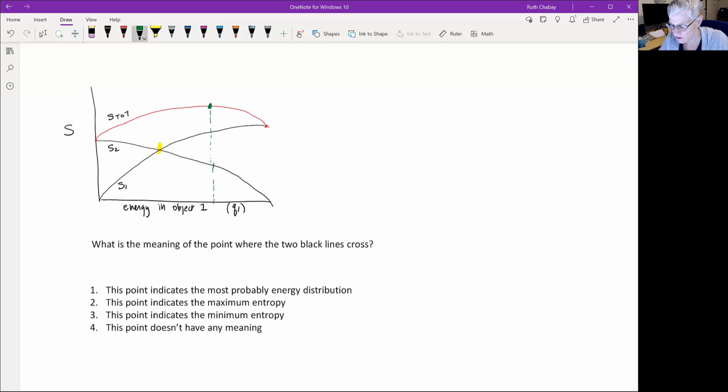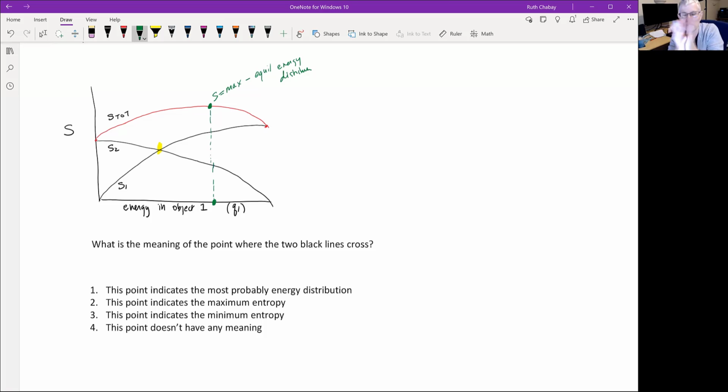The energy corresponding to when entropy is a maximum is the equilibrium energy distribution. And that is the most probable energy distribution, because that's what you're going to see at equilibrium.